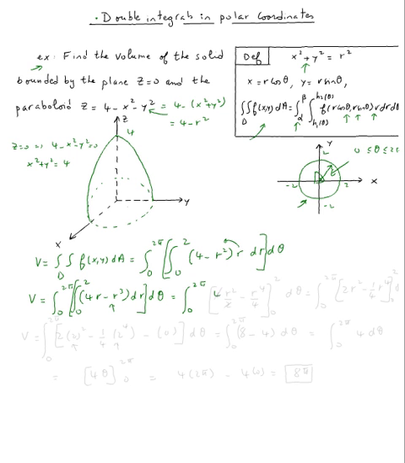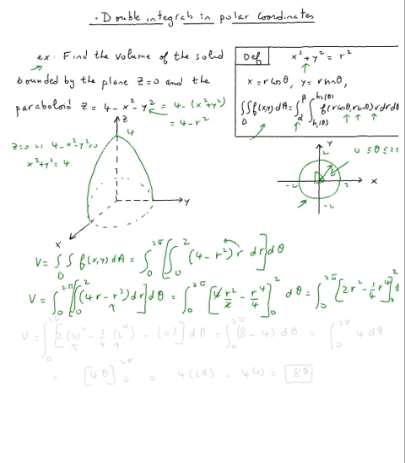This integral will be 4r squared over 2 minus r to the 4th over 4, and that's between 0 and 2, d theta. Let me simplify this. 4 divided by 2, you'll get a 2. So 0 to 2 pi, 2r squared minus 1 over 4 r to the 4th between 0 and 2 d theta.